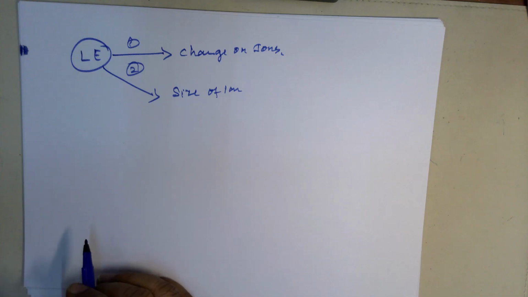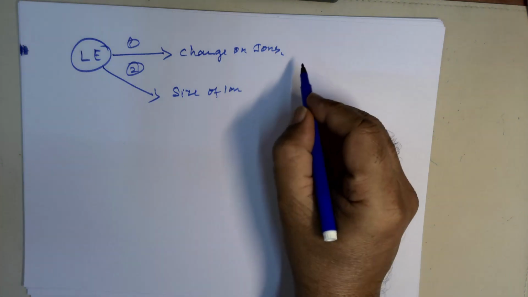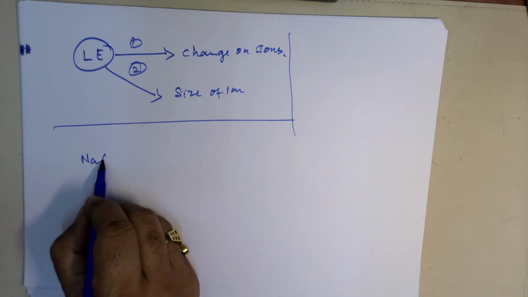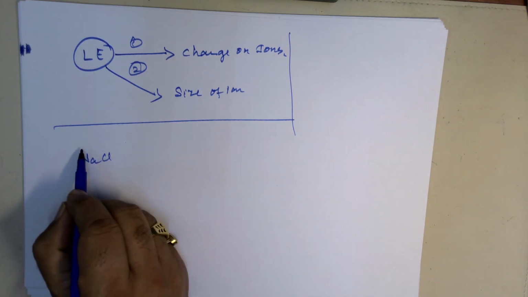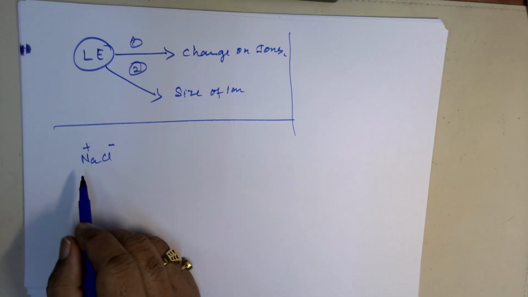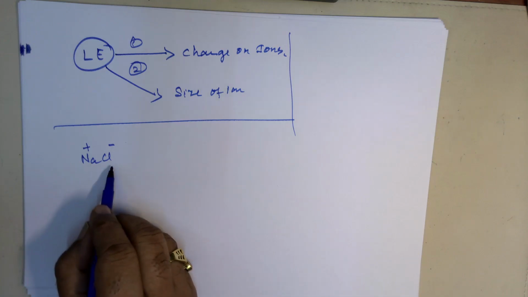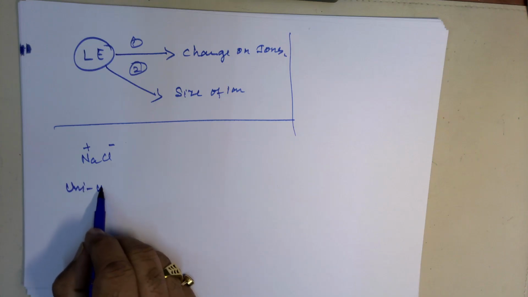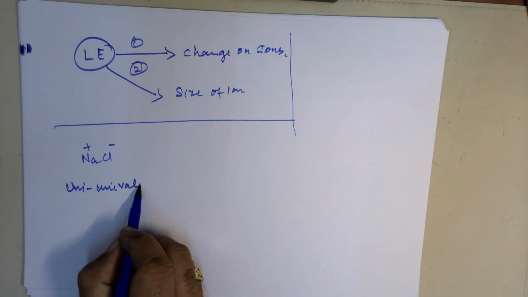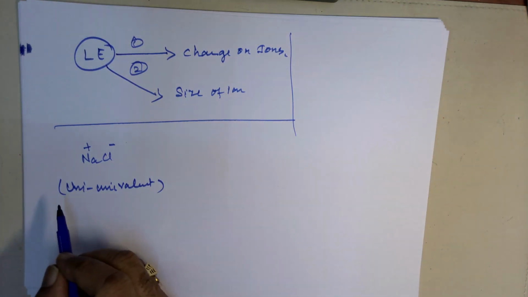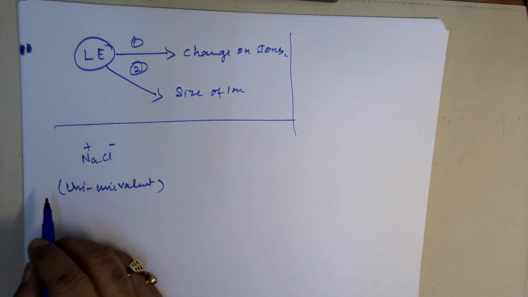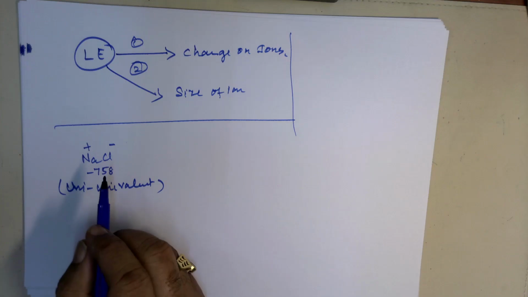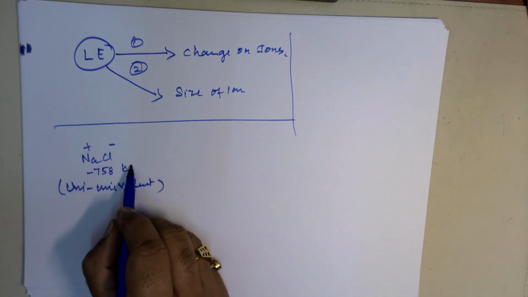Now let me consider sodium chloride, NaCl. You know very well, Na plus and Cl minus, and both of them are univalent. It has the value minus 758 kilojoule per mole.